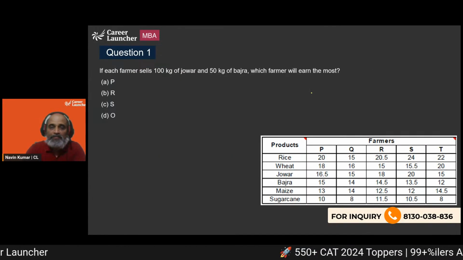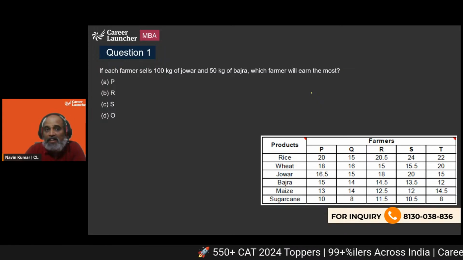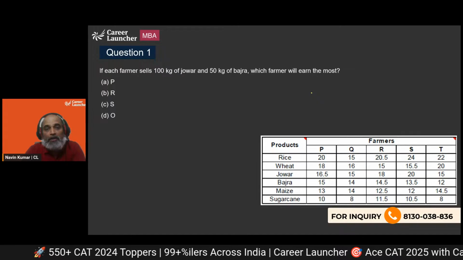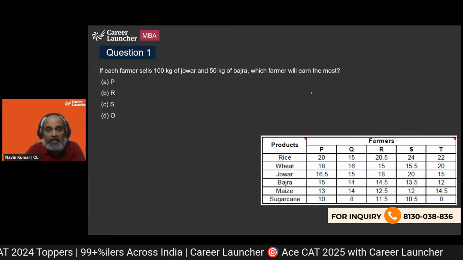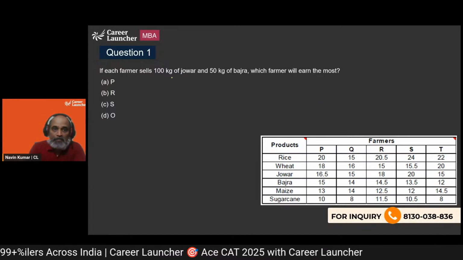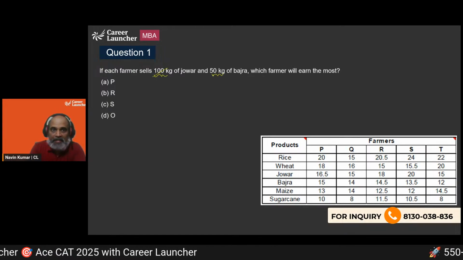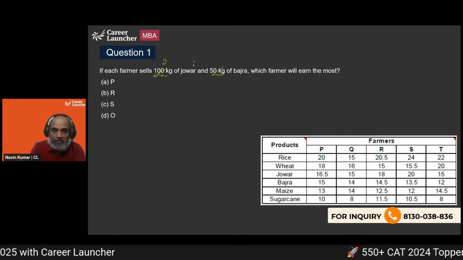So the first question is, if each farmer sells 100 kg of jowar and 50 kg of bajra, which farmer will earn the most? The first step is you should not take 150. You should rather take the ratio of these two numbers.